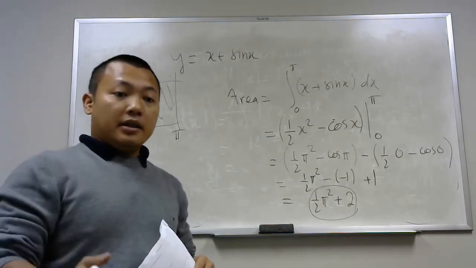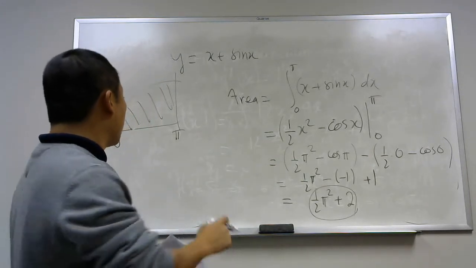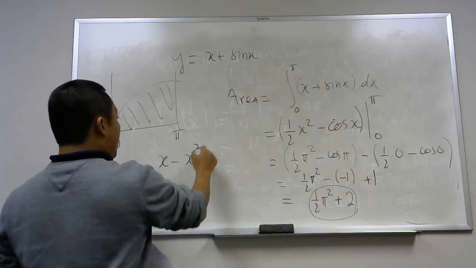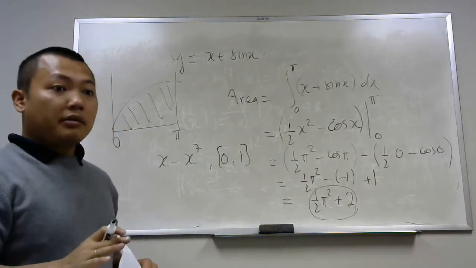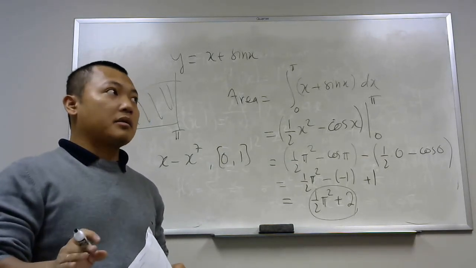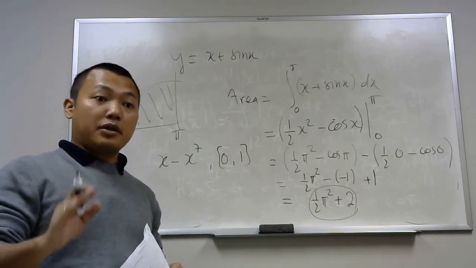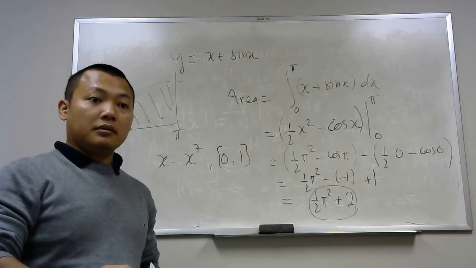But our problem today in the test was, I remember, x minus x to the 7, and you consider the interval 0 to 1. Some of you did not graph the function, and I mentioned several times, when you have a function, you have to make sure whether the graph is under or above. Make sense?